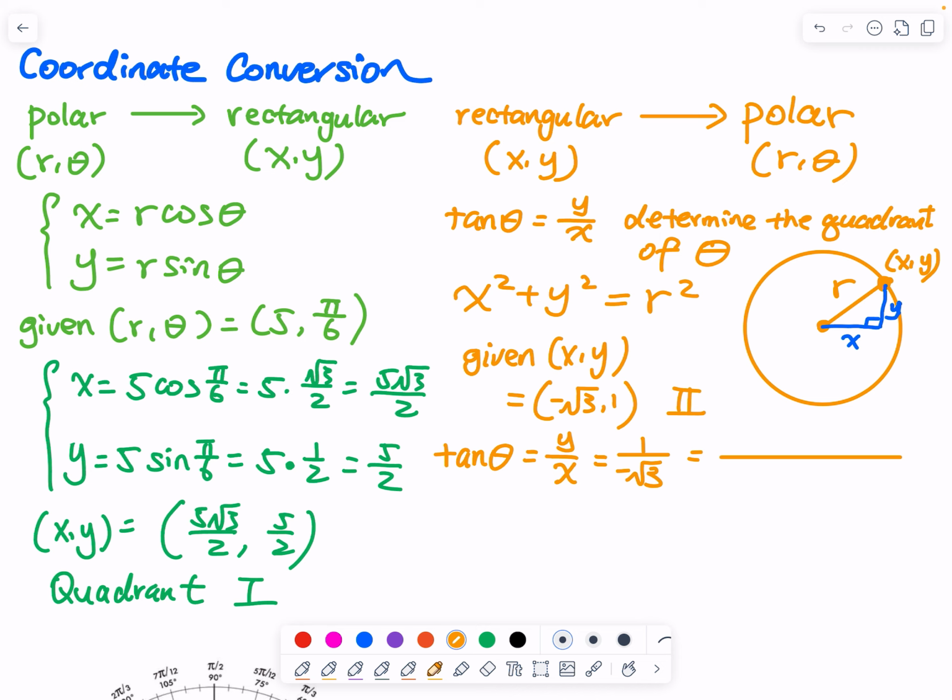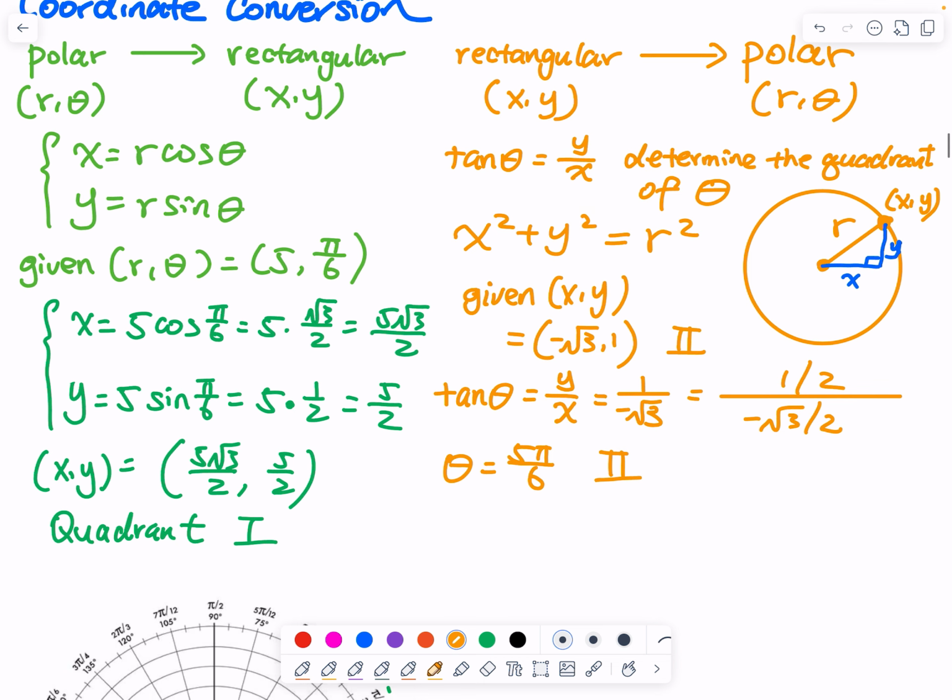You will see that the point with a negative root 3 has x coordinate negative root 3 over 2, and the y coordinate is 1/2. You cancel out the 2 and get back to this, and that angle is pi over 6 reference, so 5 pi over 6, which is in quadrant 2. Rectangular in quadrant 2, polar is in quadrant 2. So now you got the theta.